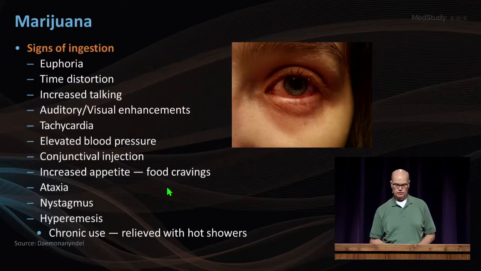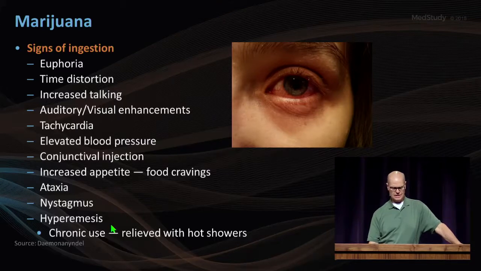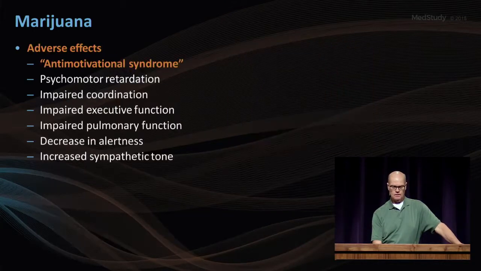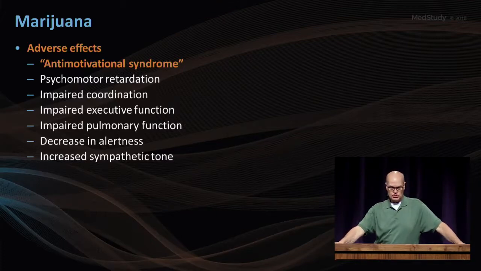Increased appetite and food cravings, and in chronic use, this unusual phenomenon that no one can explain, hyperemesis, which is relieved with hot showers. And that's definitely a buzzword that I've seen on several boards. The adverse effects, so-called anti-motivational syndrome, associated with difficulty concentrating, lots of difficulty with executive functioning, and psychomotor retardation.